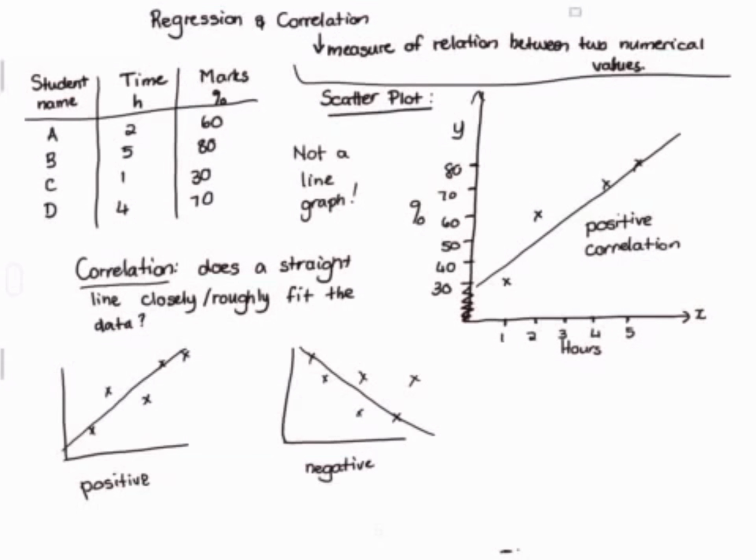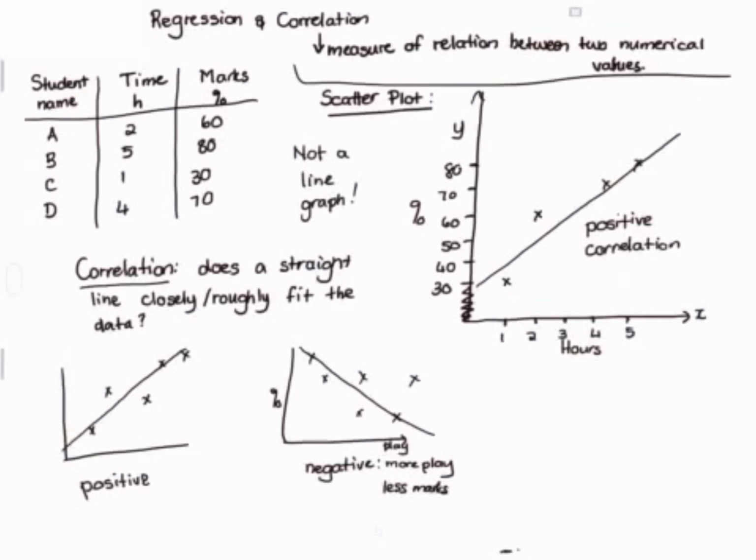So maybe my example here would be more play, less marks. Then the x-axis will be the number of hours that I played, and the y-axis would be the marks. So if I played a lot of hours instead of studying, I got less marks.